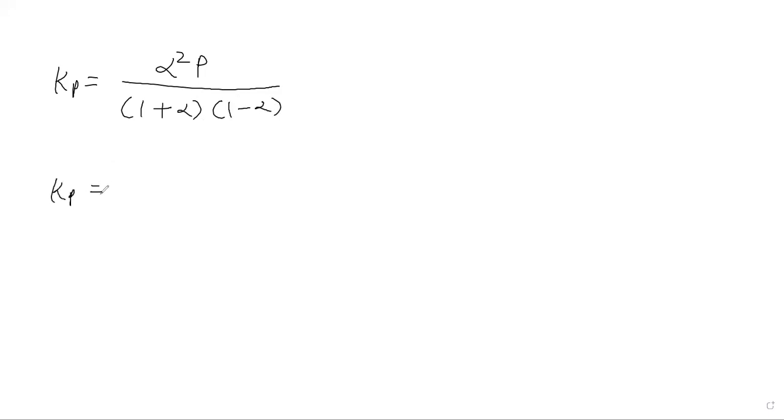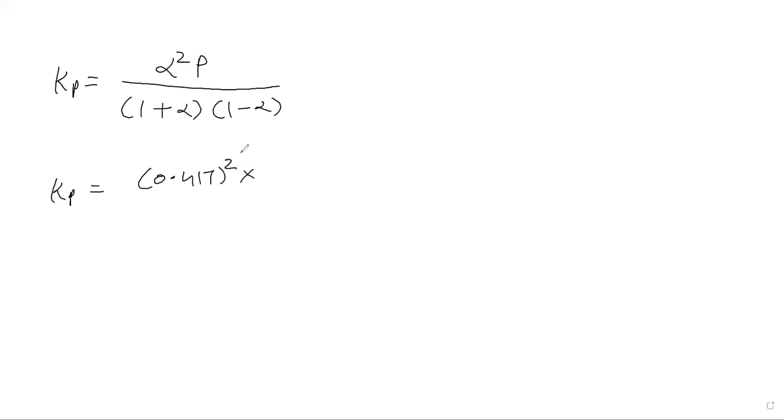So I'll write this again here. Kp is equal to alpha square P divided by 1 plus alpha, 1 minus alpha. Now we know alpha. What's the value of alpha here? 0.417, so it's 0.417 square.